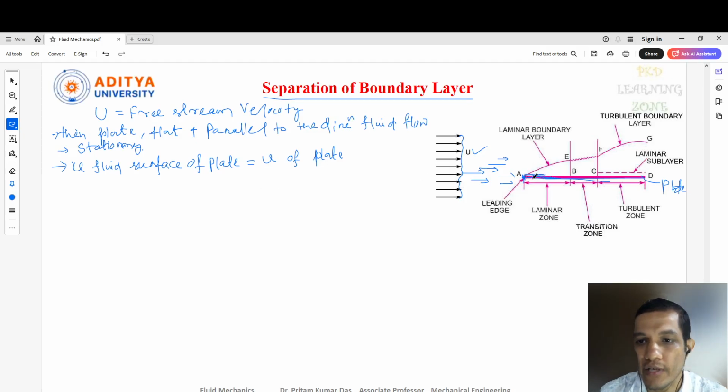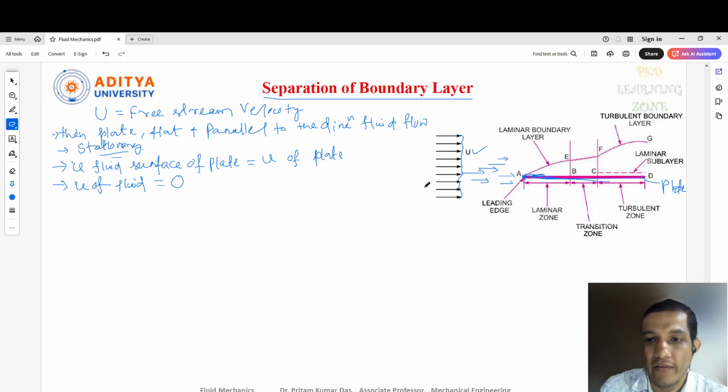But here the plate we have taken is stationary or fixed, so obviously there will be no movement of the plate. Since the plate is stationary, the velocity of the fluid at the surface of the plate will be equal to zero. That means there is no movement of the fluid near the surface of the plate.